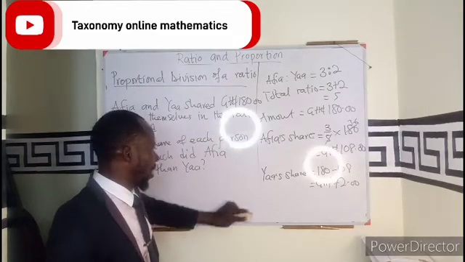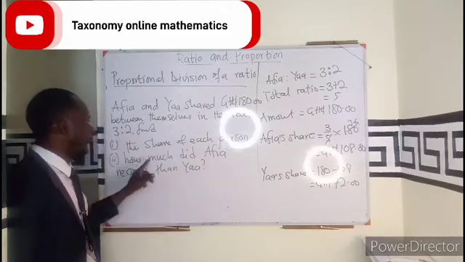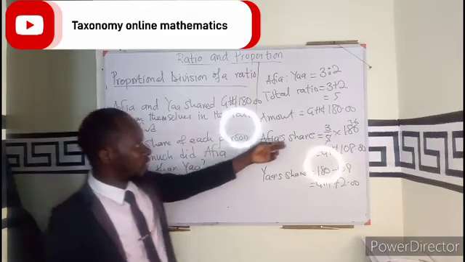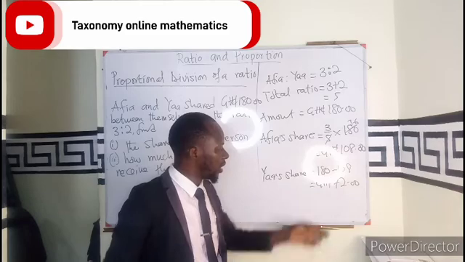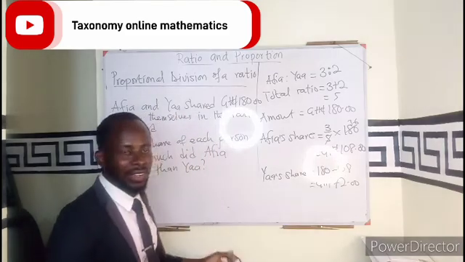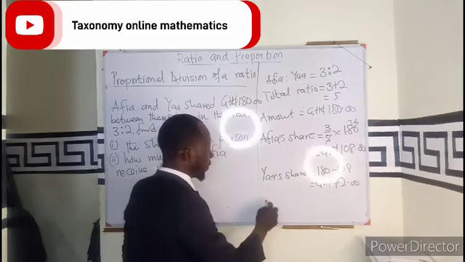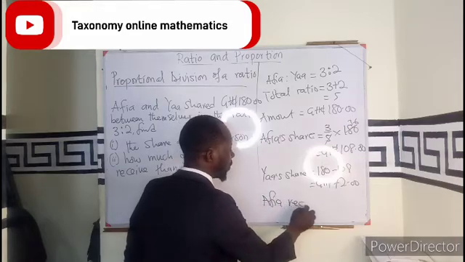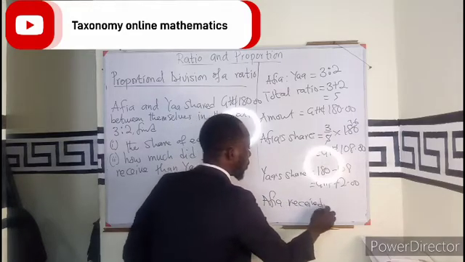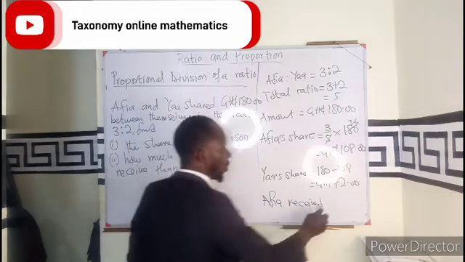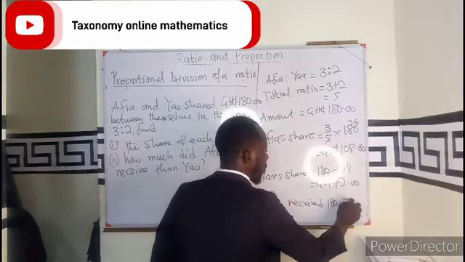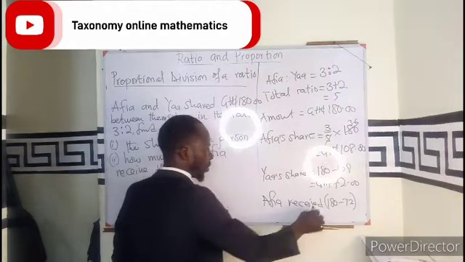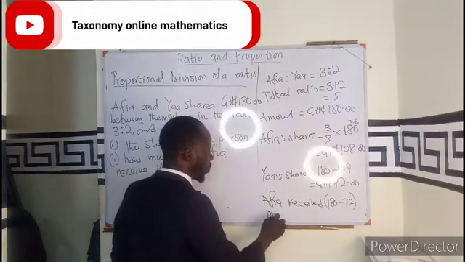Then the next question is asking us to find how much more Efia received than Ya. Obviously, Efia has 108. Ya is having what? 72. So for Efia to receive more, we have to find a difference. So 108 minus 72 Ghana cedis.